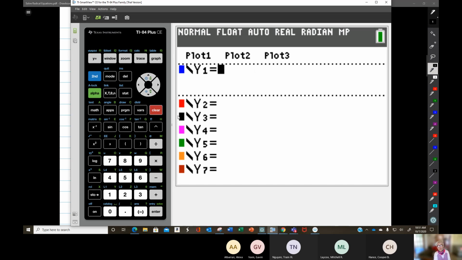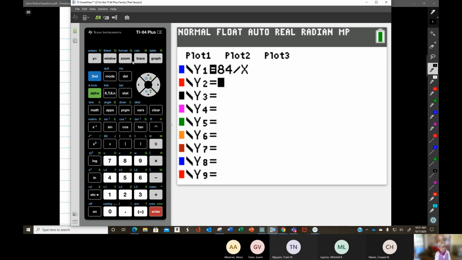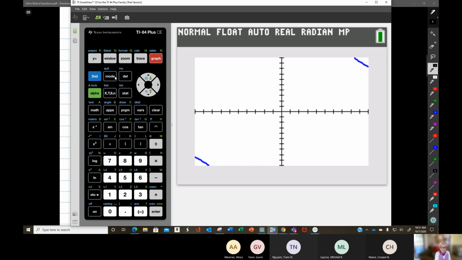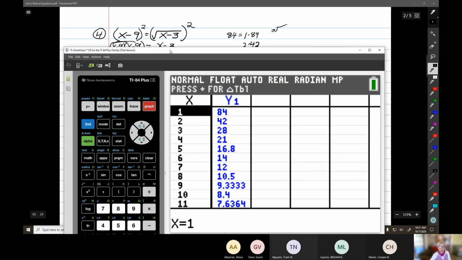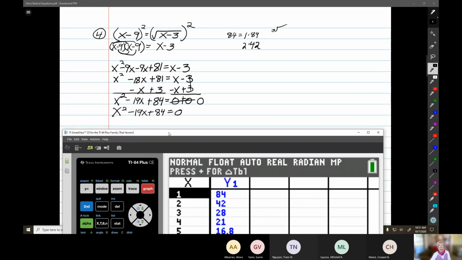And since I'm looking for factors of 84, what I'm going to type is 84 divided by x. Not graph, I don't care what it graphs as. There. Okay, now I need two factors that would add up to -19.